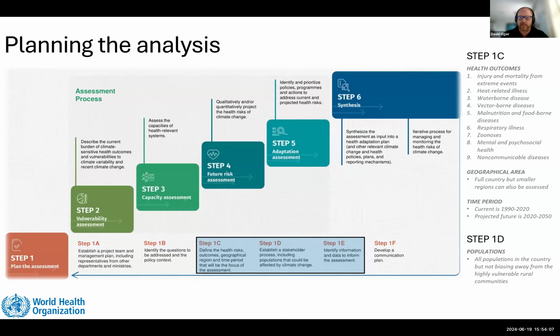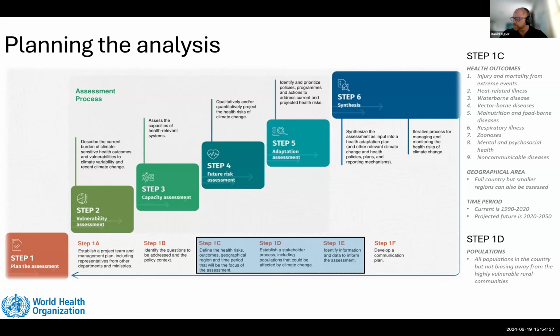Are you doing a subset based on country priorities? You also need to consider the geographical extent. In the case of our project, it was the whole country of Nigeria. And the time extent, we looked at 2 timeframes, the historical timeframe of 1990 to 2020 as the current base period, and the future 2020 to 2050 as the future period. And we used SSP 2 4.5 for that climate.